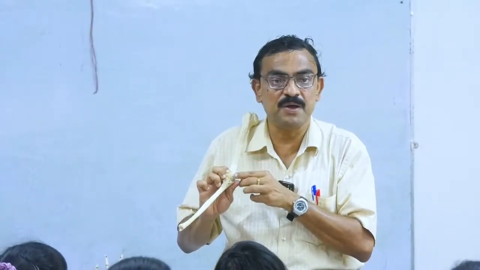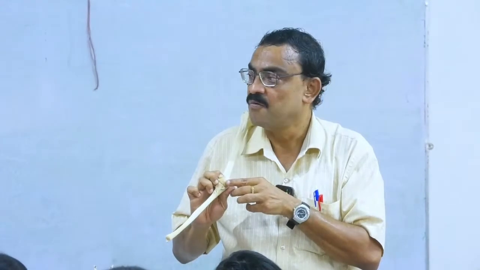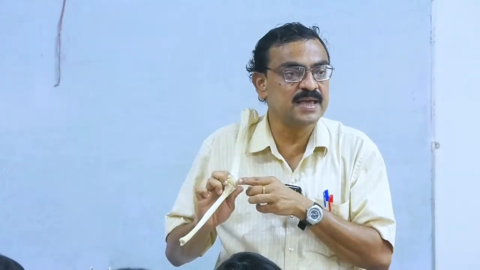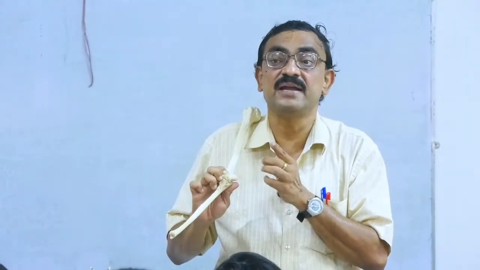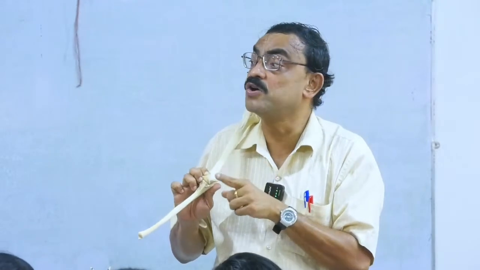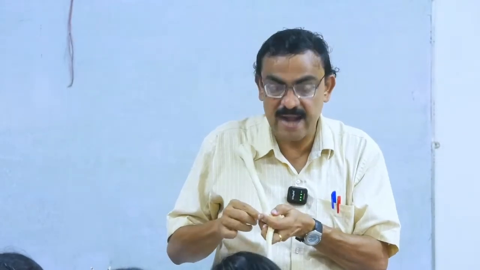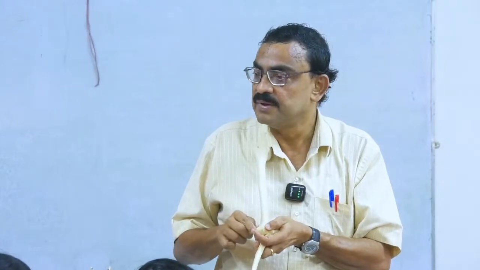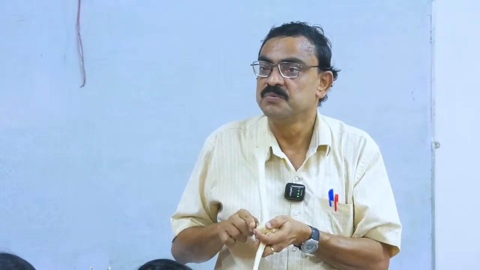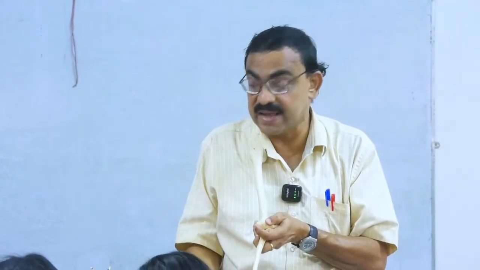On the anterior aspect of the medial epicondyle of the humerus we get the origin of all the superficial flexors of the forearm, whereas on the anterior aspect of the lateral epicondyle we get the origin of all the superficial extensors of the forearm.